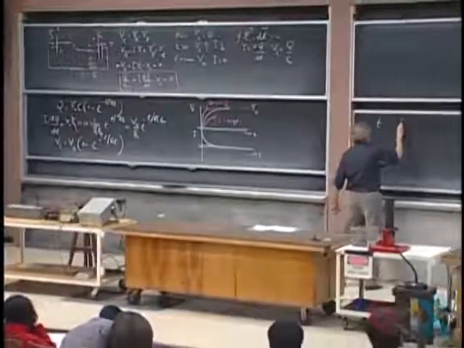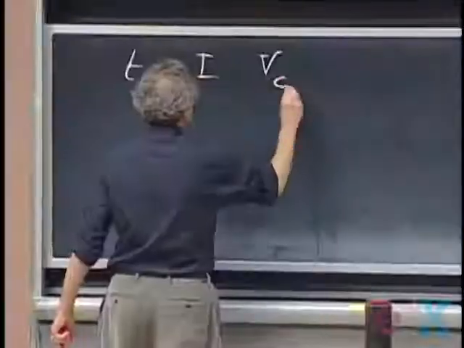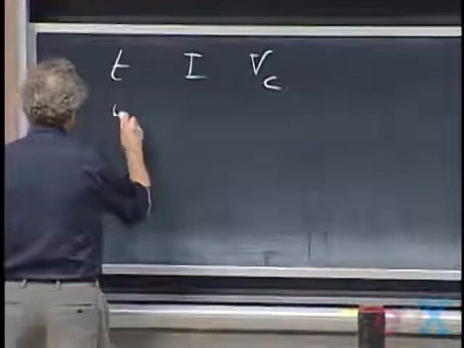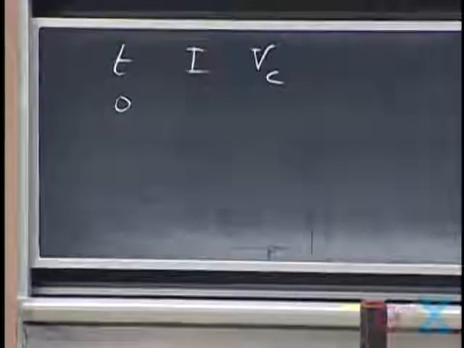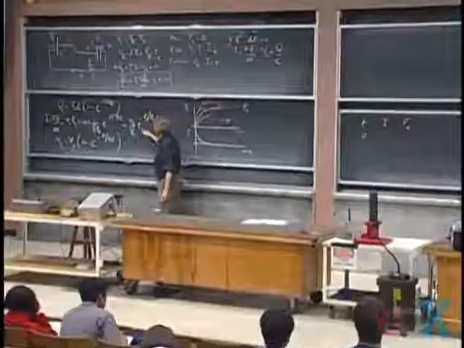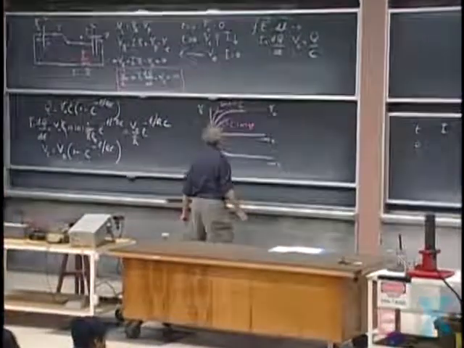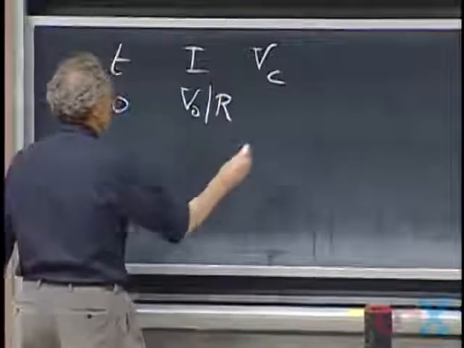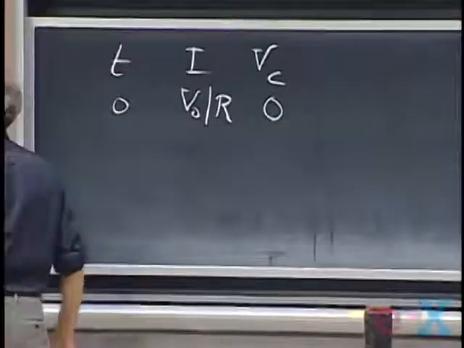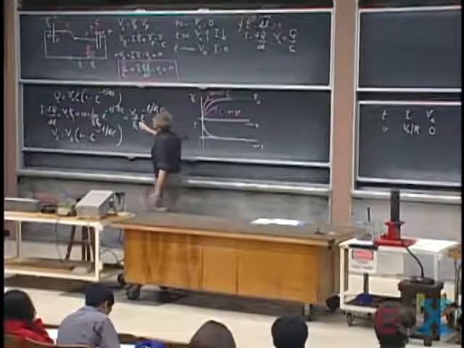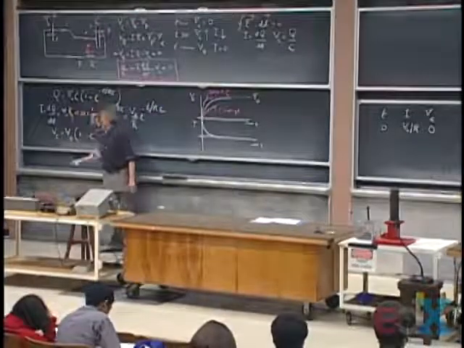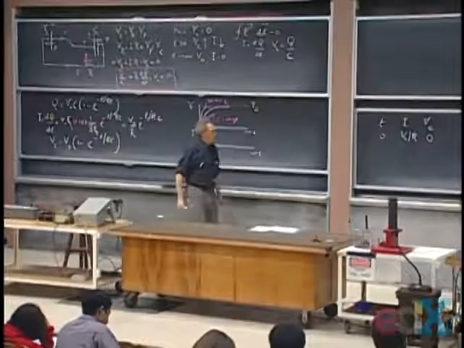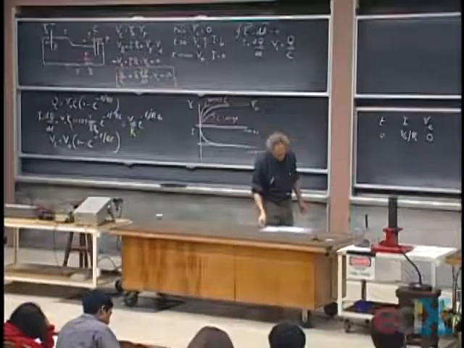So we have t here, we have I, and we have V of C. And when t is 0, you go to your equation of I, so this is 1, so you have a current V0 divided by R. And V of C is 0. You can see that. If t is 0, you get 1 minus 1, so you see indeed that the potential over the capacitance is still 0.